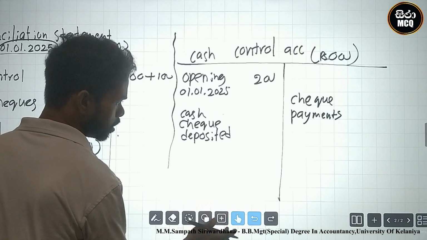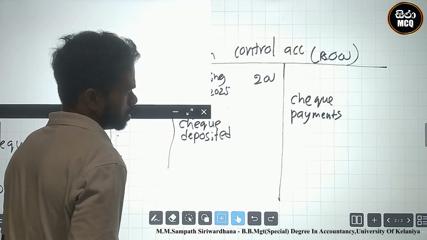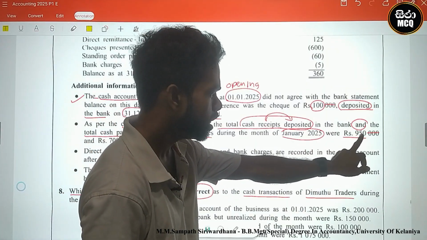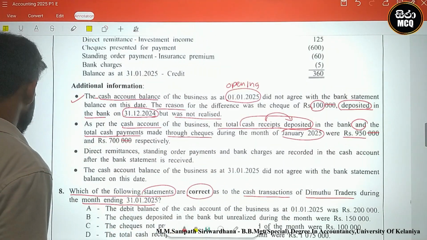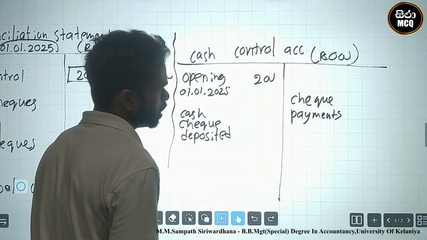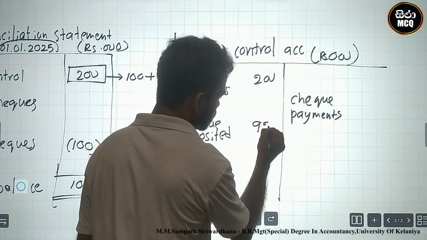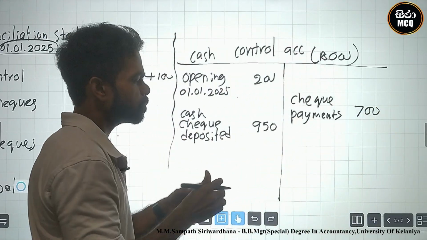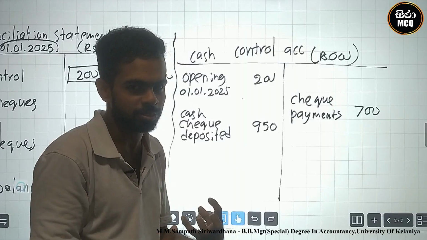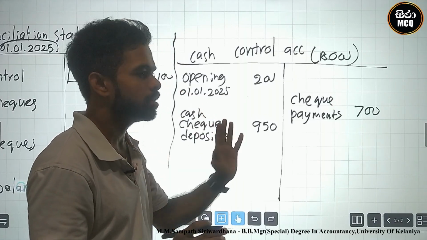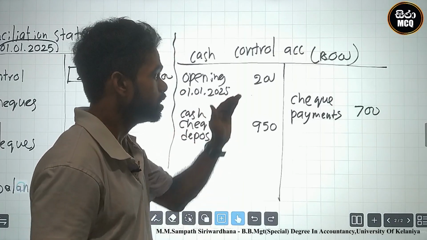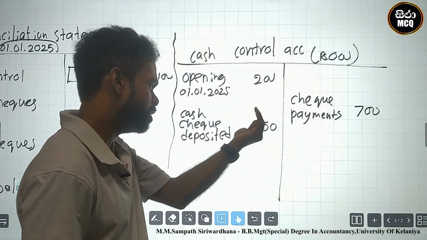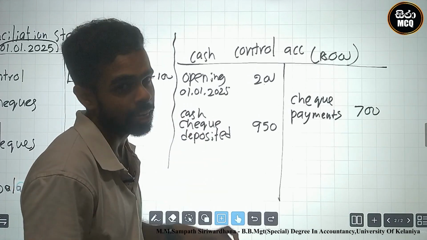What are the values? Deposited 950 and payments 700. 950 must be debit, 700 should be credit. Okay, this is the current situation of our account. There is no bank statement there. These are the current check payments and current deposits in the cash account.